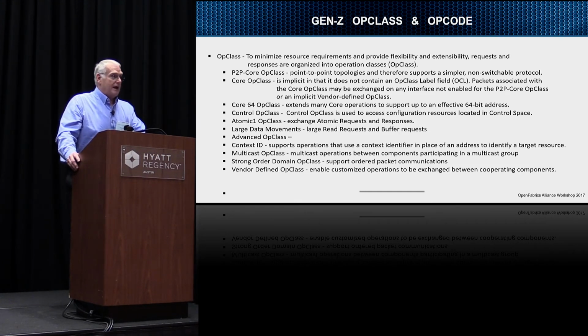They do have a multicast op class so that you can send information to multiple places simultaneously, and it keeps track of that. Strong order is for ordered packet communication, where order is significantly important to that specific kind of communication. And then I also said there are reserved areas for vendor-defined op classes.